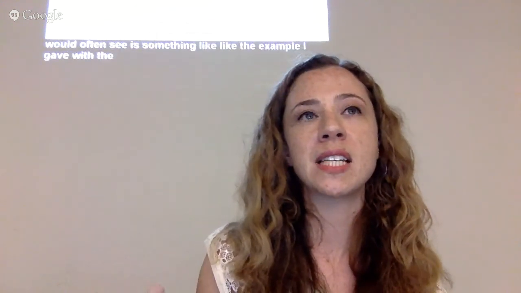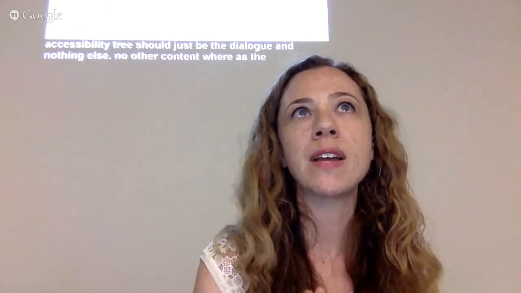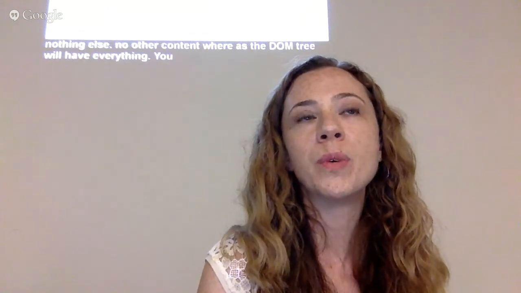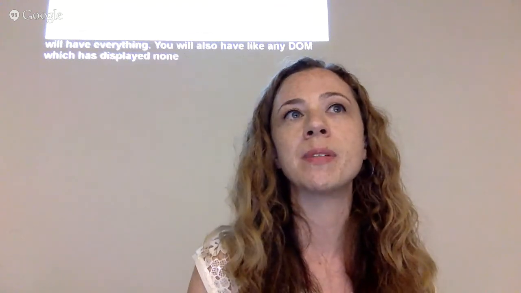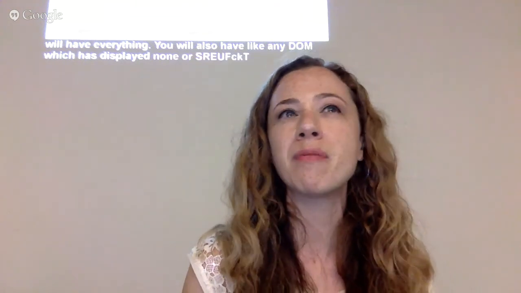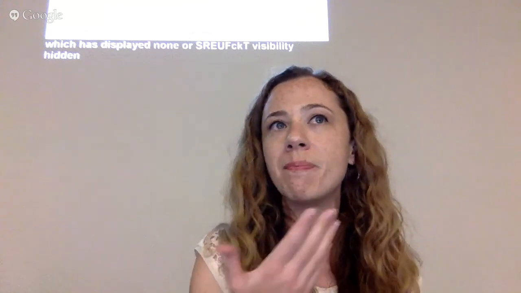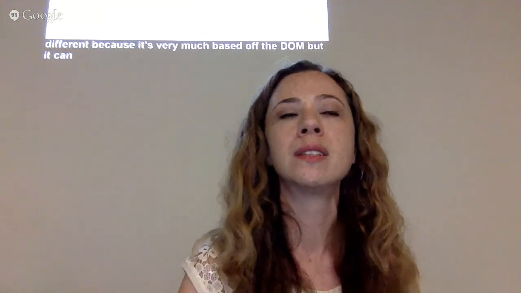In that case, the accessibility tree should just be the dialogue and no other content, whereas the DOM tree will have everything. Also, any DOM which has display none or visibility hidden is not going to show up in the accessibility tree, and that may be large parts of the DOM depending how the page is constructed. So it's never going to be radically different, because it's very much based off the DOM, but it can look quite different depending what's visible, hidden, and so on.